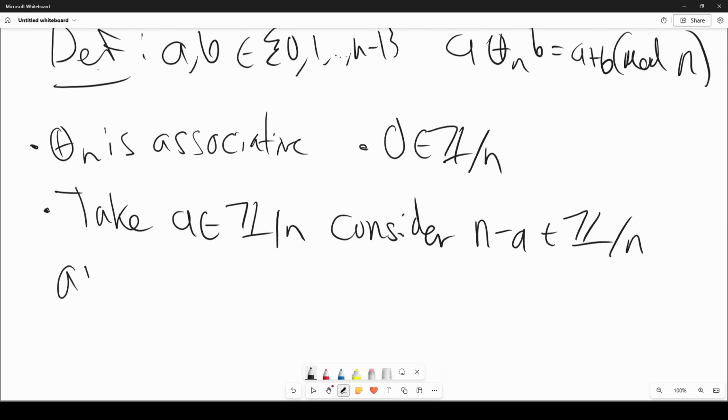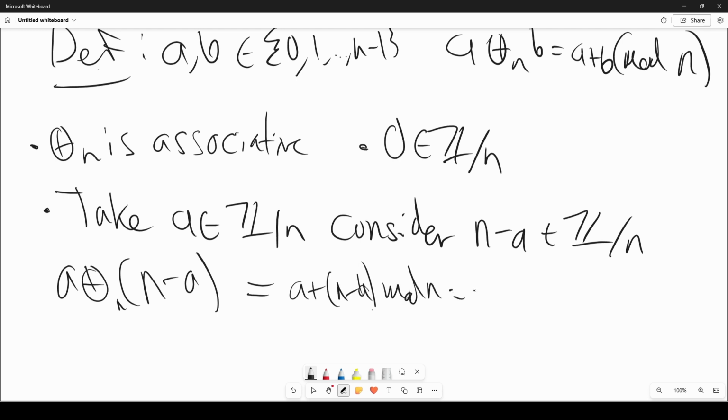Well, we see that a o-plus n minus a equals a plus n minus a mod n, which equals n mod n, which is equivalent to 0 in Z mod n. Okay. So we've just shown that every element has an inverse because when you add them together, you get 0.